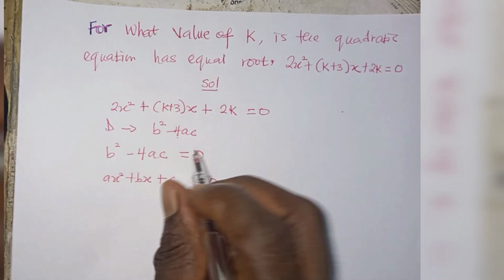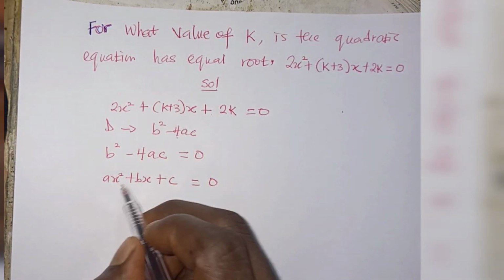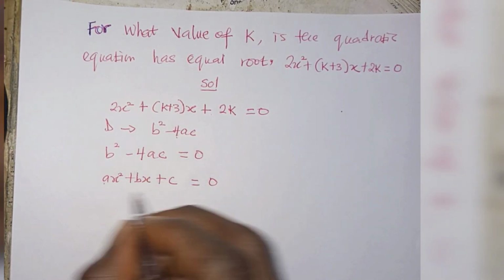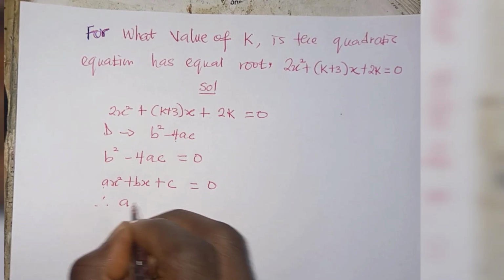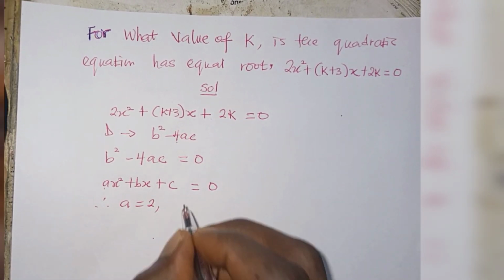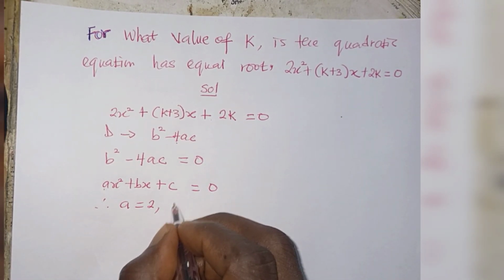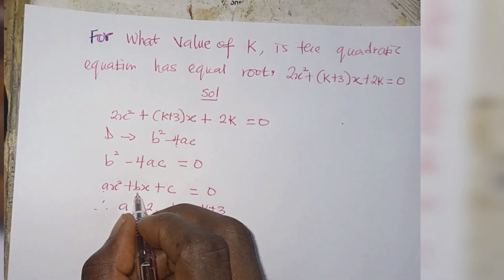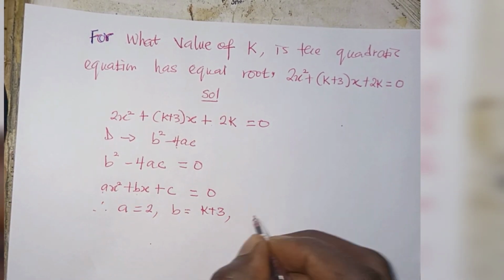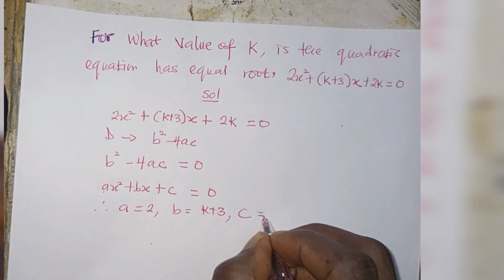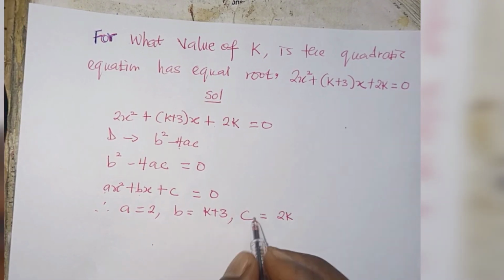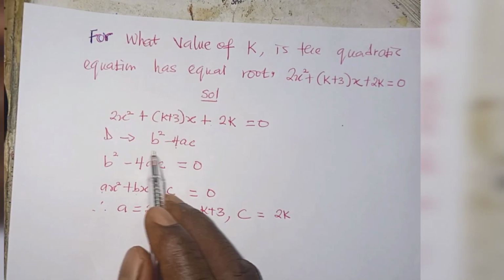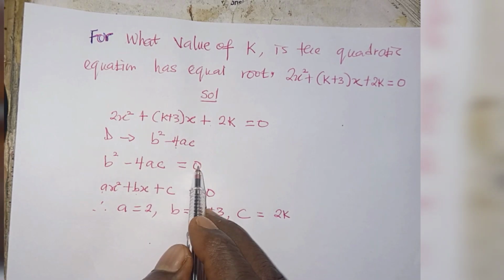By comparing the coefficients with what we are given here, automatically a is equal to 2, b is equal to k + 3, and c is equal to 2k. Then we substitute these values into the discriminant, which is equal to 0.